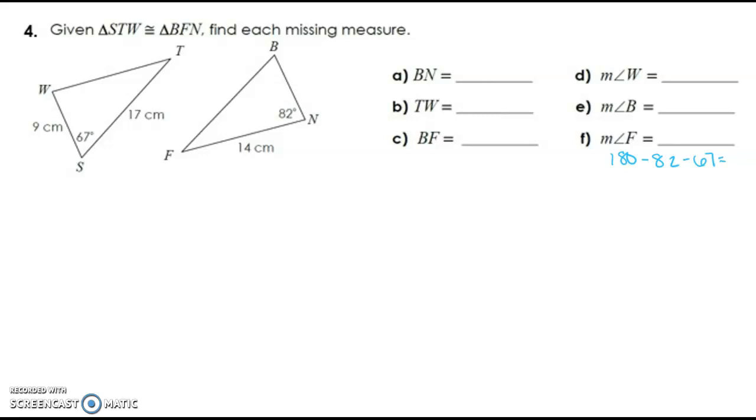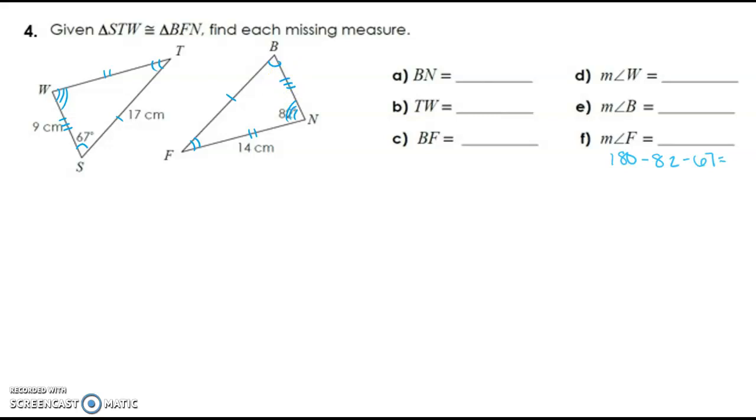So angle S is congruent to angle B, angle T is congruent to angle F, and angle W is congruent to angle N. Okay, and then side length ST is congruent to BF, and TW is congruent to FN, and then lastly SW is congruent to BN.